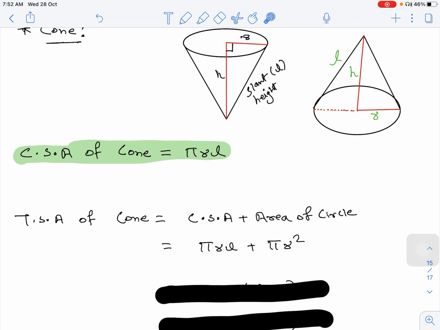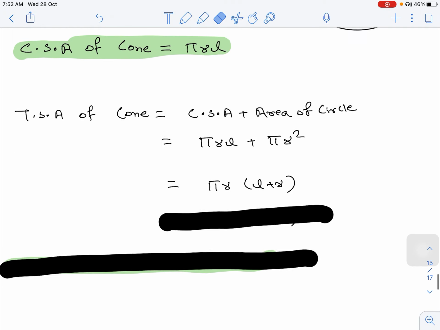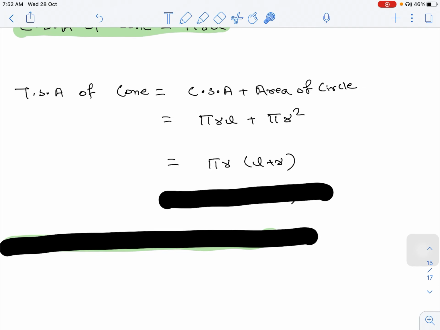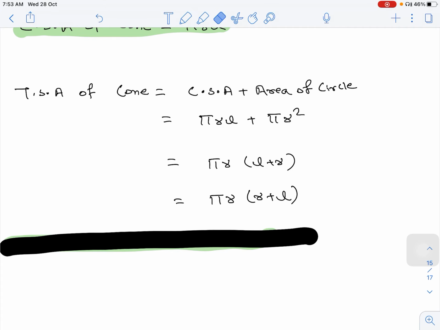Now, what is the area of a circle? That is pi r square. Now, in both terms pi r is present, so we can take pi r out of the bracket. Then we get pi r in bracket l plus r. For our convenience, to memorize it easily, we will write it as, therefore, pi r in bracket r plus l.